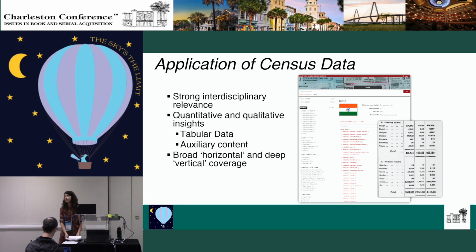So the application of census data is very important in the sense that it has a very strong interdisciplinary relevance because it doesn't just include the Excel sheets or tables that the country produces about age, gender, fertility, mortality. There is a lot of qualitative data waiting to be discovered within these publications.